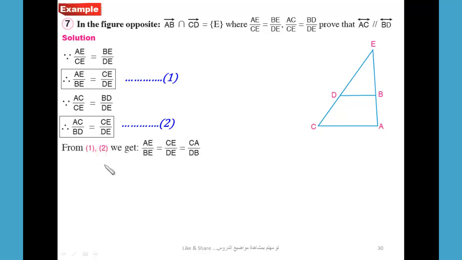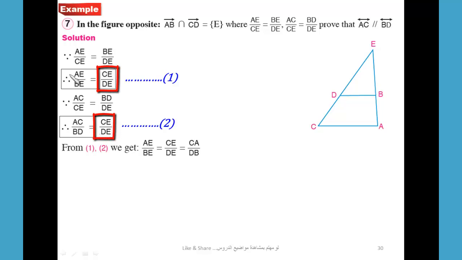From 1 and 2, we can get AE over BE equals CE over DE equals CA over DB. Here we have a common term, CE over DE, the same in both.